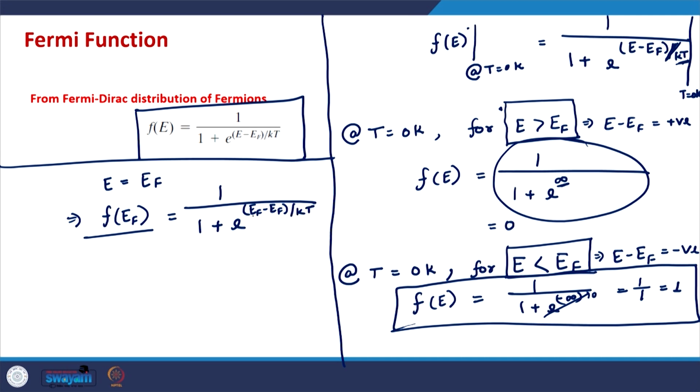EF minus EF is 0, exponential 0 is 1. So, essentially it becomes 1 plus 1, it becomes 1 by 2. So, Fermi level is the energy level whose probability of being occupied at any temperature is half.